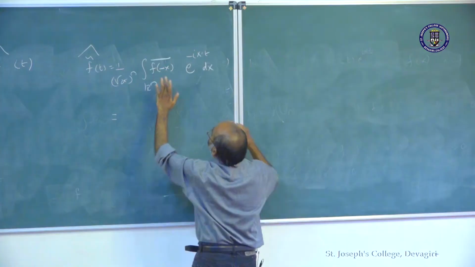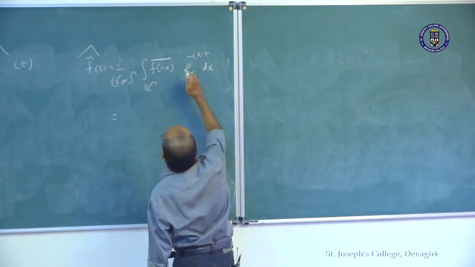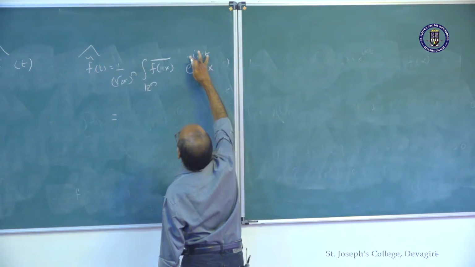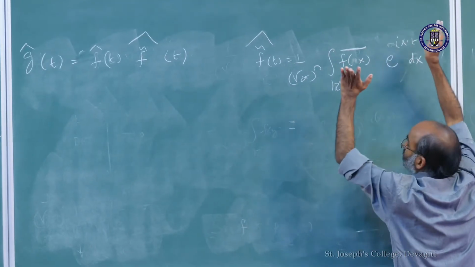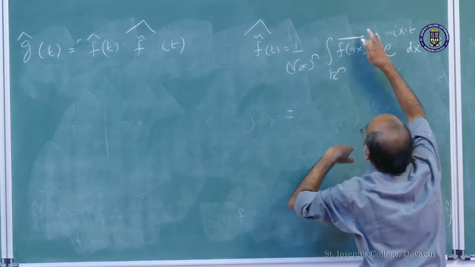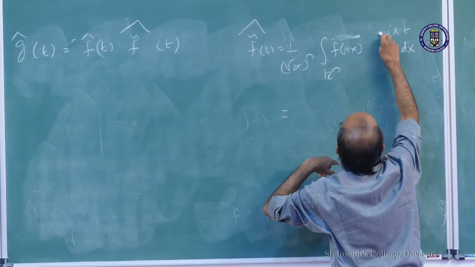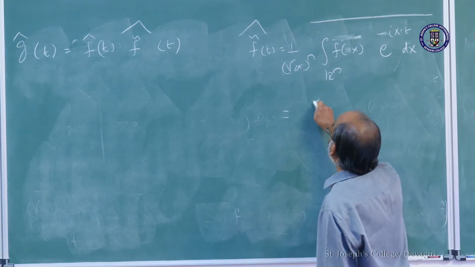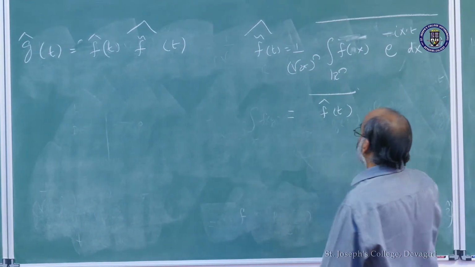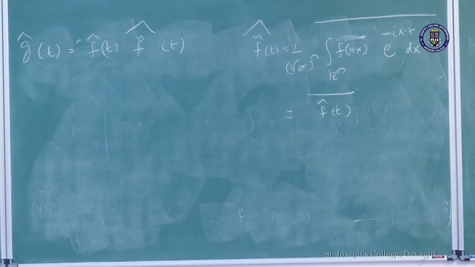So, change variables: replace minus x by x. I have a bar, I take it outside, so I need a minus here again. That is simply the Fourier transform of f with the complex conjugate taken, so this is f hat t whole bar. I simply changed the variable and took the complex conjugate outside.